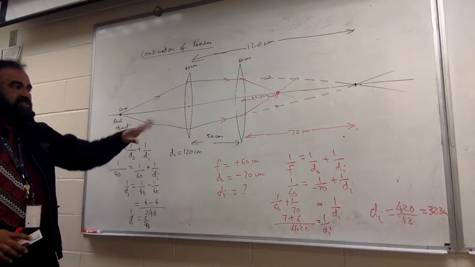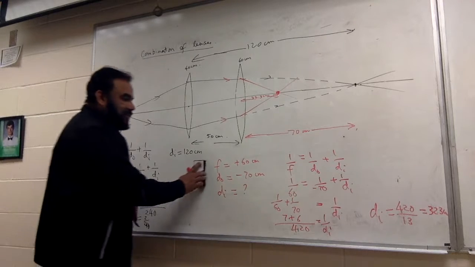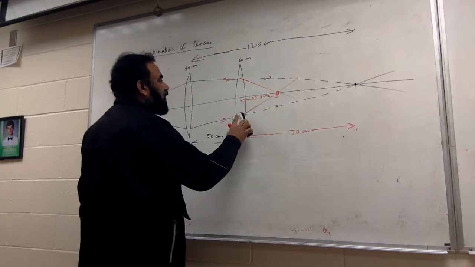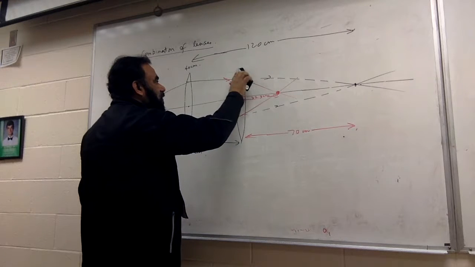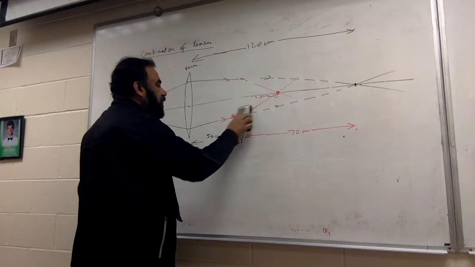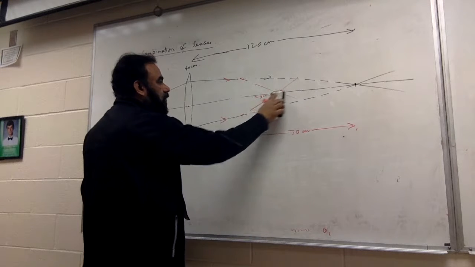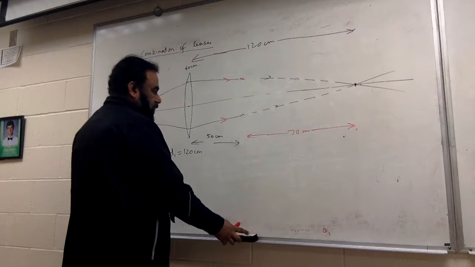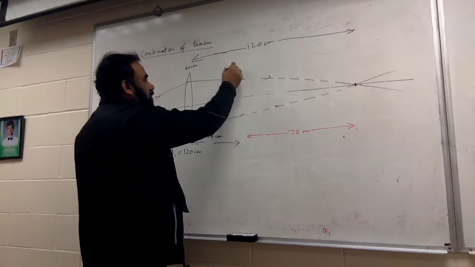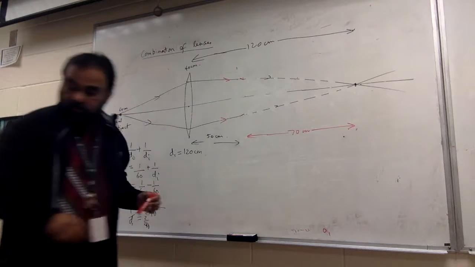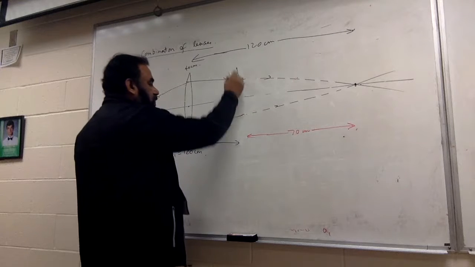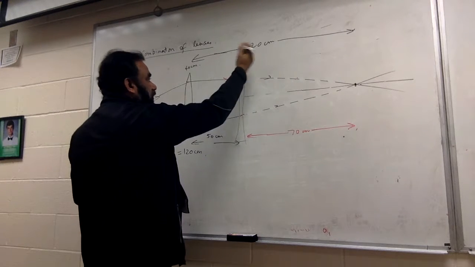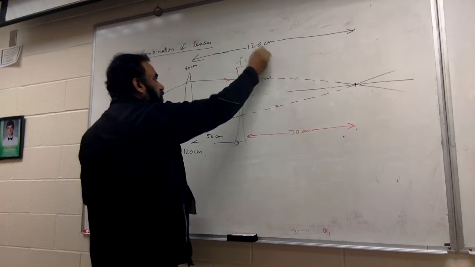Now if I'm just going to change this problem slightly, I'm going to put a concave lens instead of a convex lens. Let's say the focal length of the concave lens is 60 centimeters.